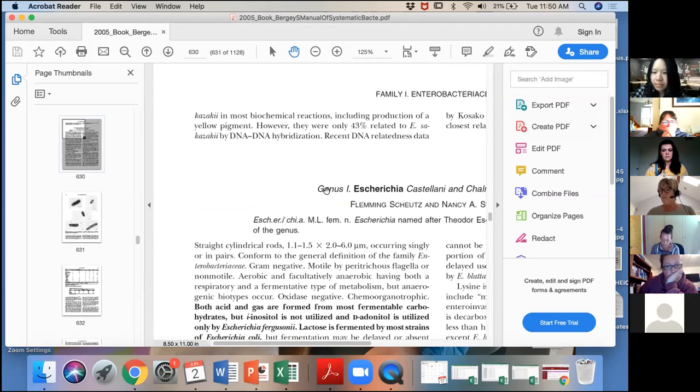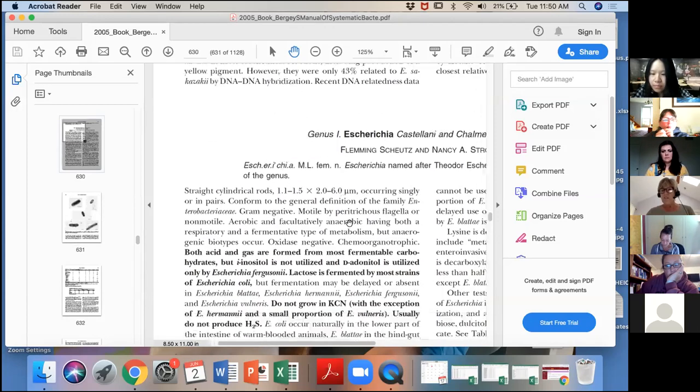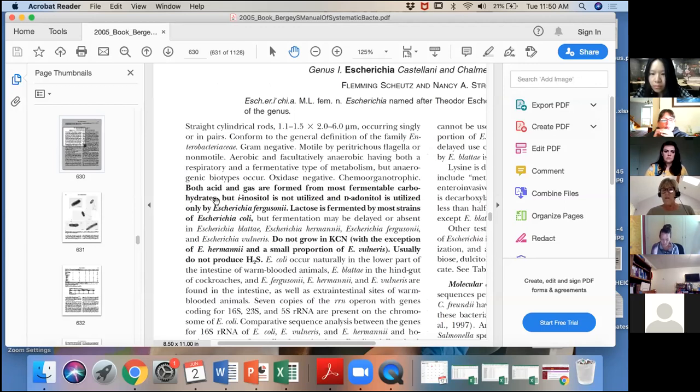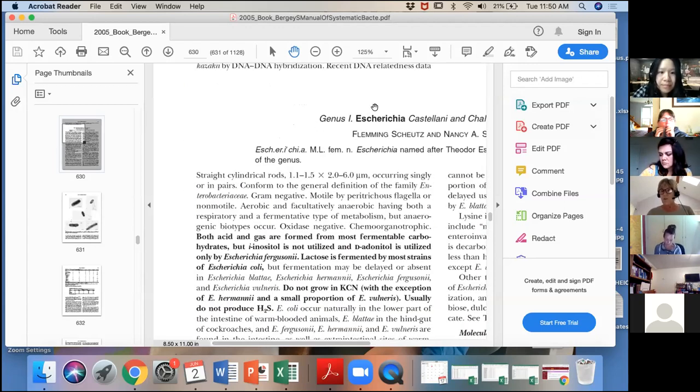So we went from family to genus. Now you want to keep your eye on this, because you're moving from family to genus, and now you're getting information. Oxidase negative, motile by peritrichous flagella. These are all your Escherichia genus. Okay?